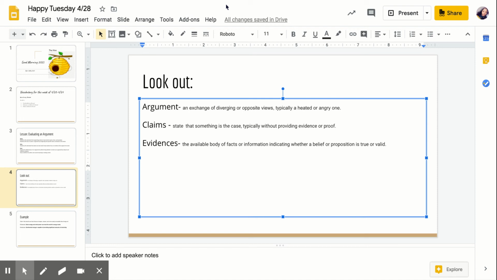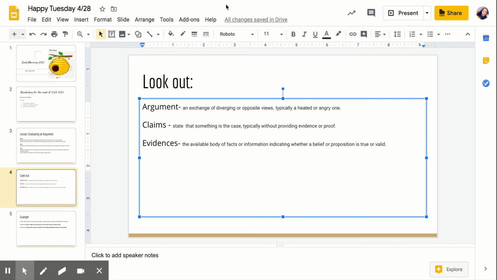When building an argument, a writer makes one or more claims, or statements he or she believes to be true. Then the writer backs up each claim with evidence, or information that supports the claim. Part of figuring out the strength of the argument is determining whether there is enough evidence to support the claim, and also whether the evidence does in fact act as support at all.